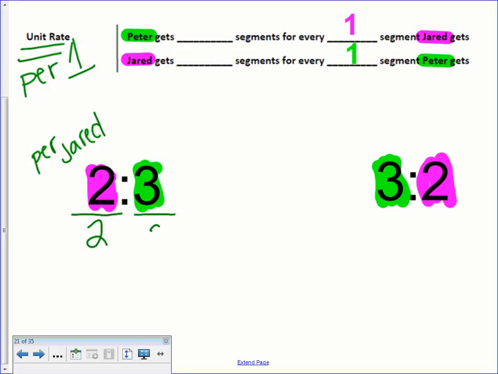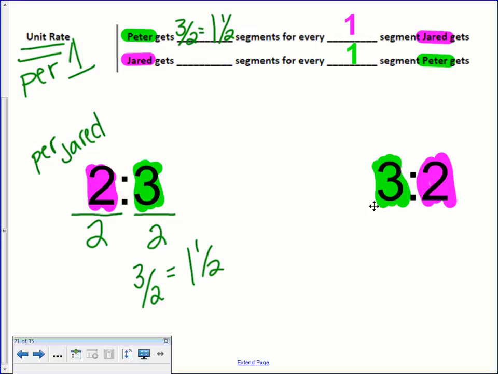So every time Jared gets 1, Peter gets 3/2 or 1 1/2. Same thing over here, but now we're talking Peter.